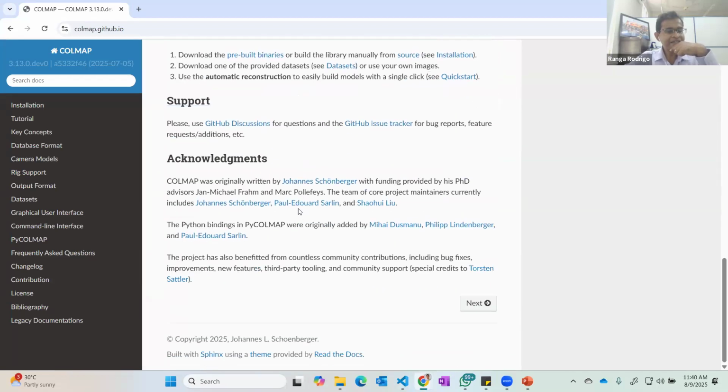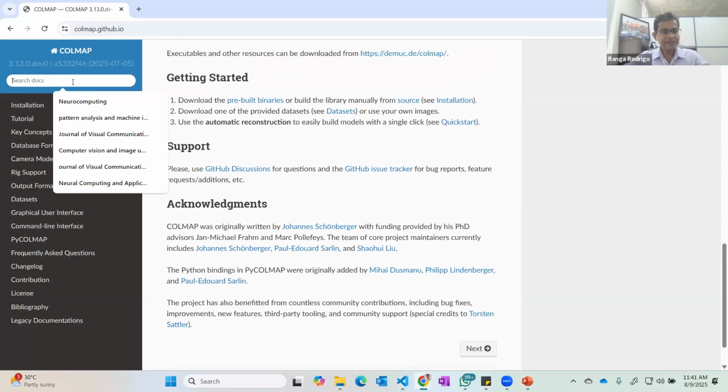I think it allows you to use the SIFT features. Select features.